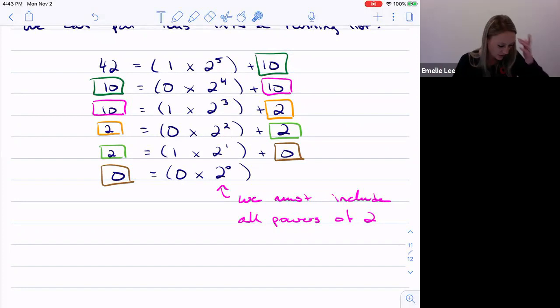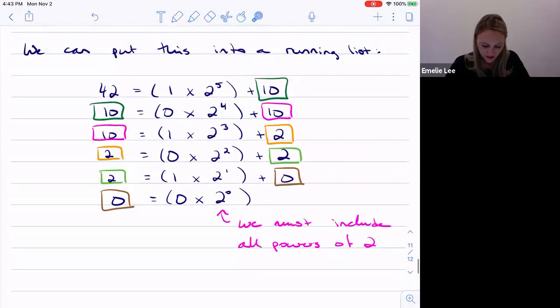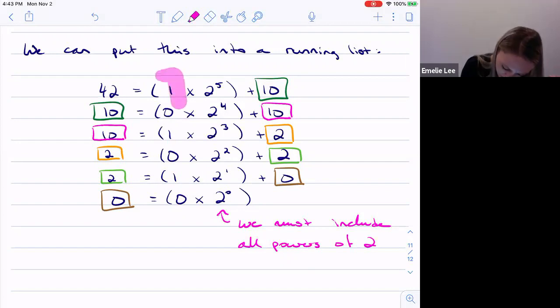Now here's the fun part. Reading from the top down to the bottom, this is the number written in base 2. So 1, 0, 1, 0, 1, 0 base 2 is 42 base 10. Pretty cool.